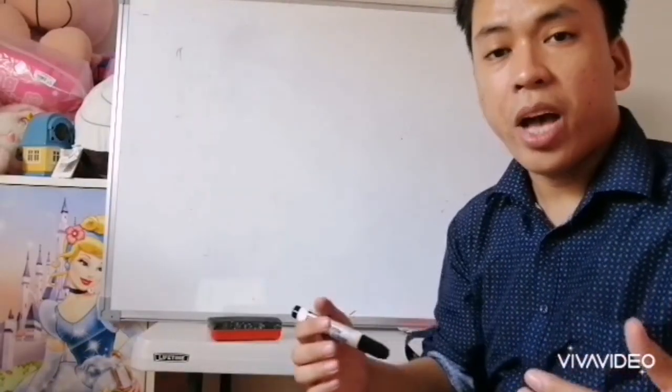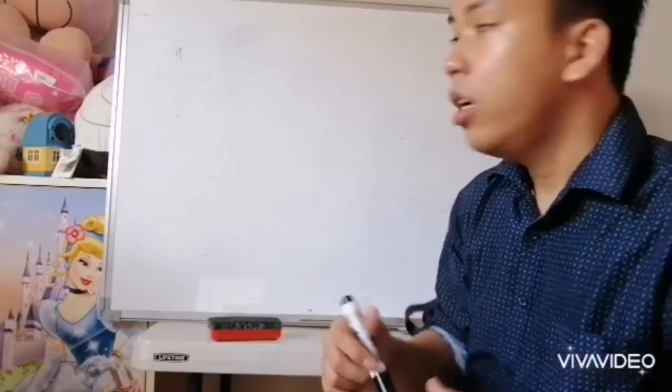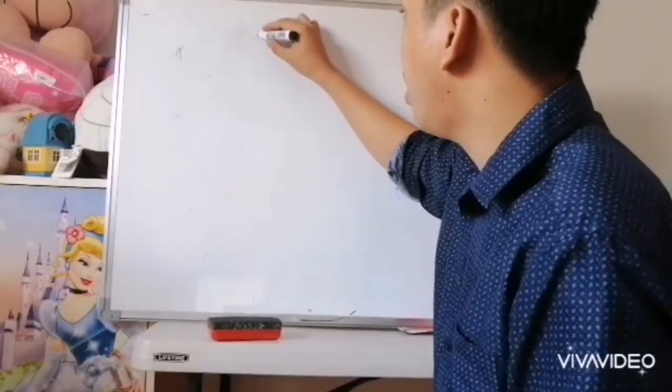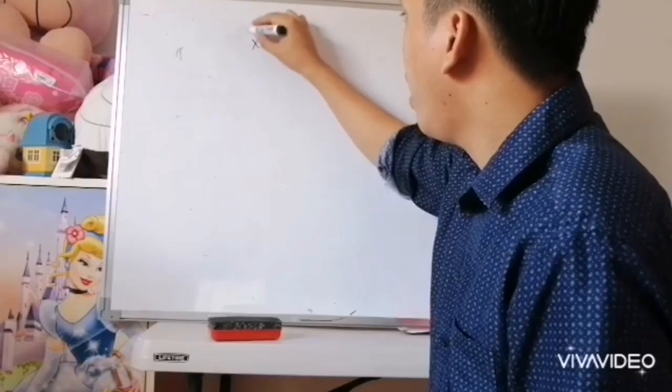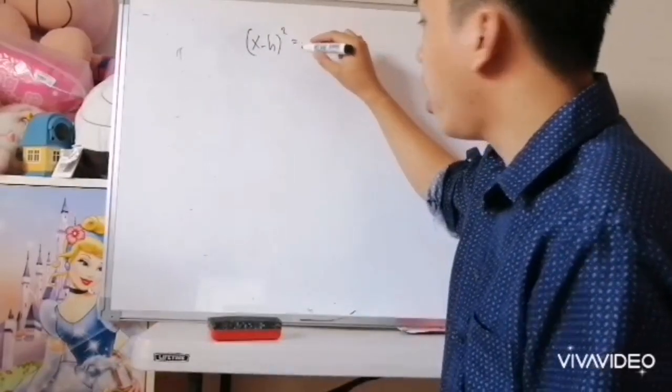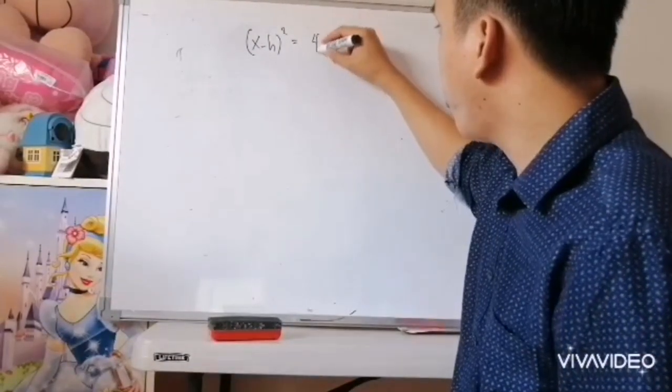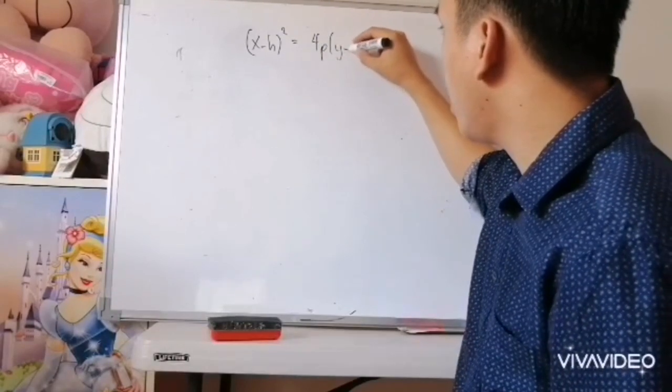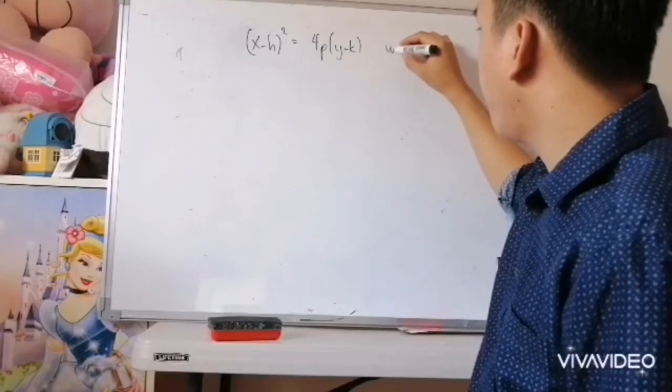Okay, so we have now derived the equations of the parabola. Let's have these again. Let's have x minus h quantity squared equals 4p times y minus k. This is either up or down.